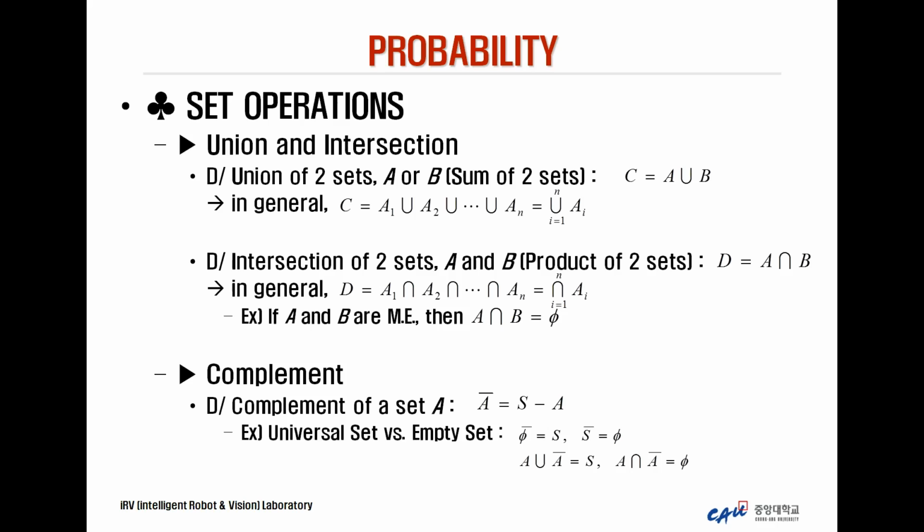Therefore, in general, if you have n sets, the intersection of n sets becomes A1 intersection A2 intersection, etc., intersection An, which is equal to the big intersection from i equals 1 to n of A subscript i. For example, if you have two mutually exclusive sets, A and B, then A intersection B becomes the empty set phi.